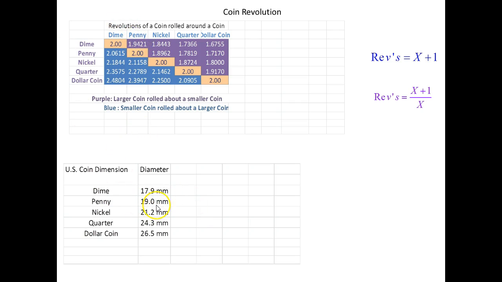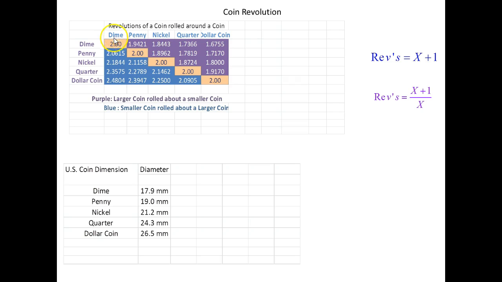The dime is 17.9 millimeters. The penny is 19 millimeters. The nickel is 21.2 millimeters. The quarter is 24.3 millimeters, and the dollar coin is 26.5 millimeters. So what's in purple is rolling the larger coin about the smaller one. What's in blue relates to the smaller coin being rolled about a larger one.